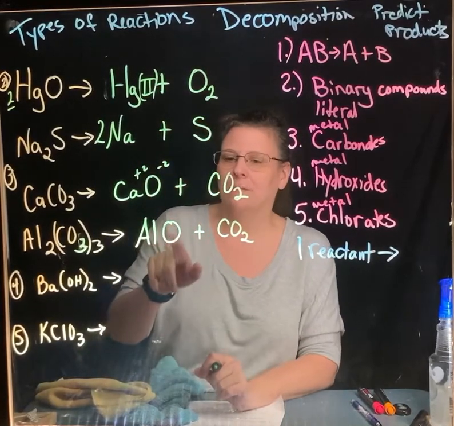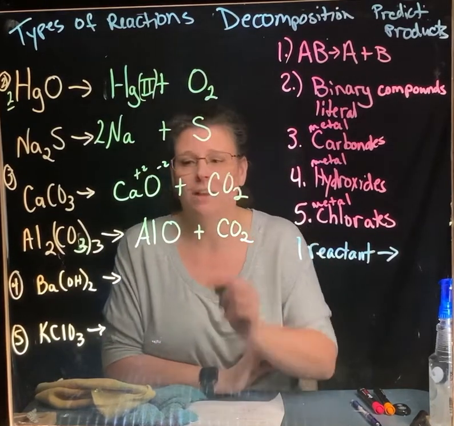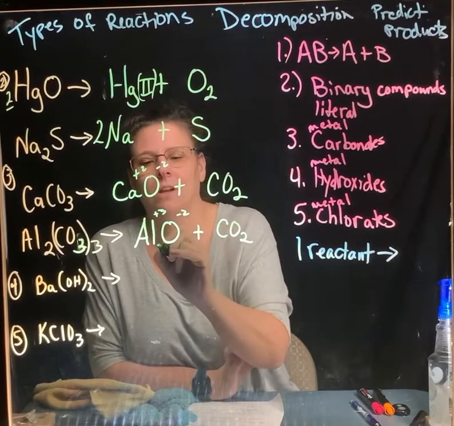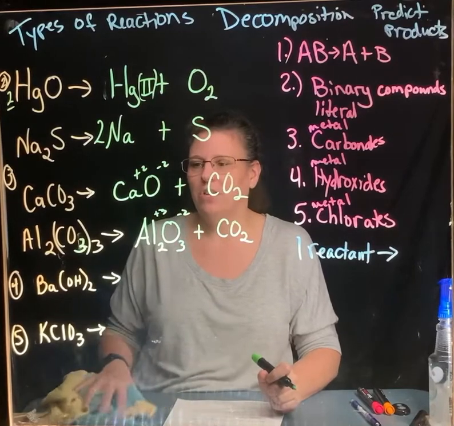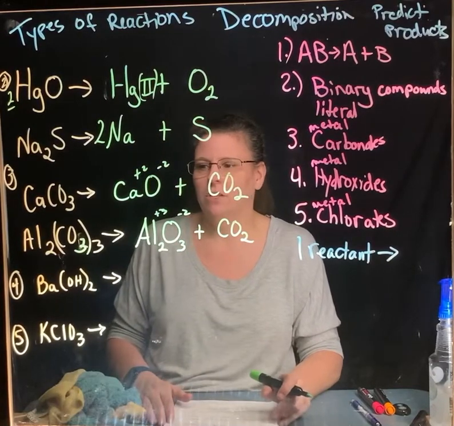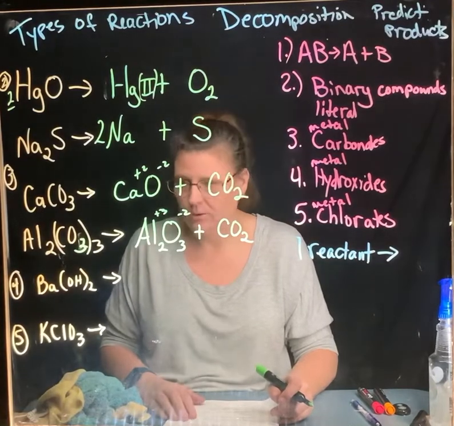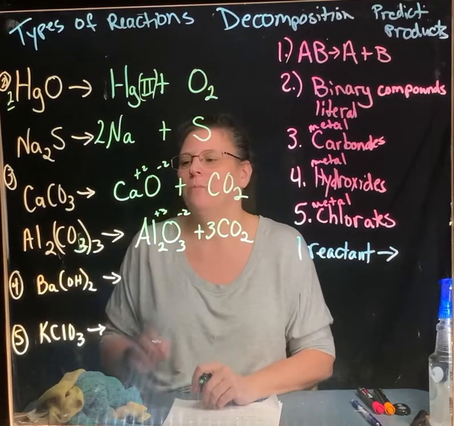Now, because we built a compound, we have to check our charges. Okay, guys? So aluminum has a +3. Oxygen has a -2. So it's a 2, 3. Then you just need to check all of your stuff, and it is not balanced. So it's a 2 to 2 to 3 ratio. Make sure it's balanced.